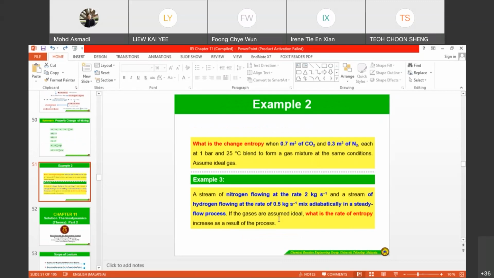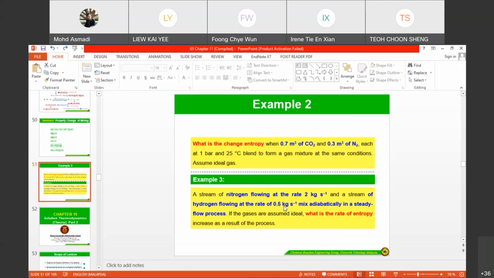Okay, example 3. Please proceed with example 3. If you look here, nitrogen flows at 2 kilograms per second and hydrogen at 0.5 kilograms per second.